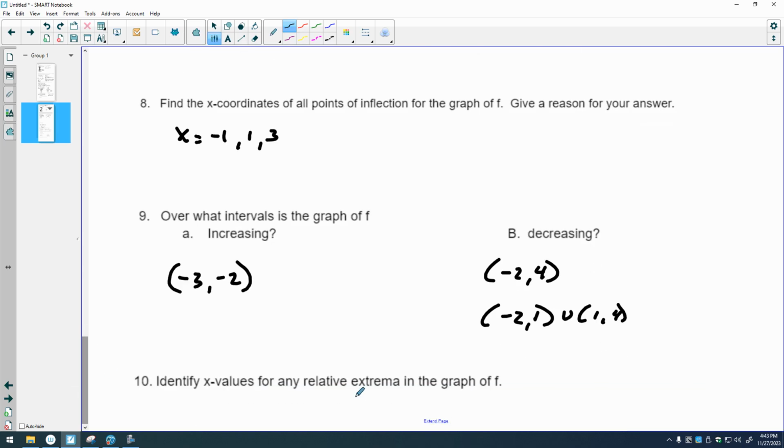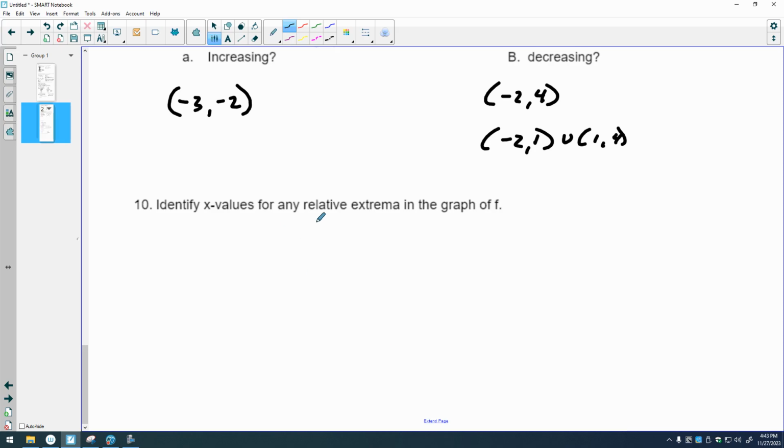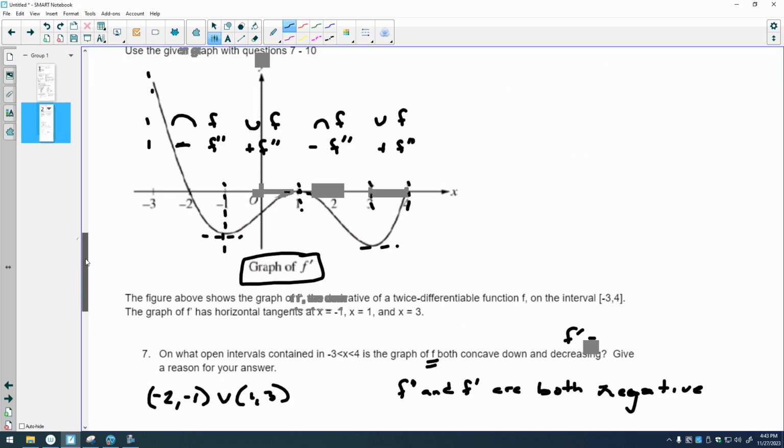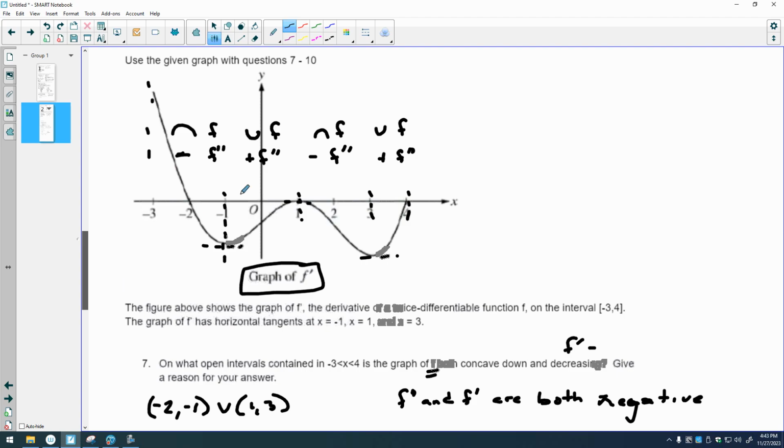Okay, question 10. Relative extrema. First derivative test: where f prime goes from positive to negative is where I have a max, and where f prime goes from negative to positive, I have a min. Where my f prime crosses the x-axis is where it's 0. It crosses here and it touches here.